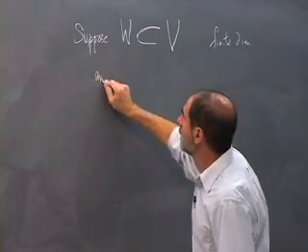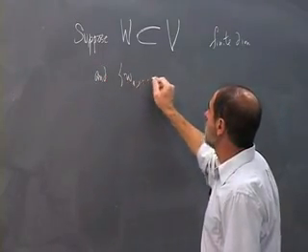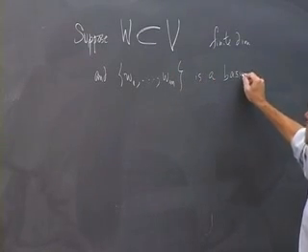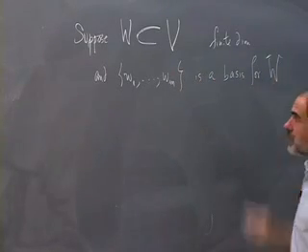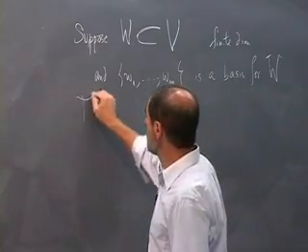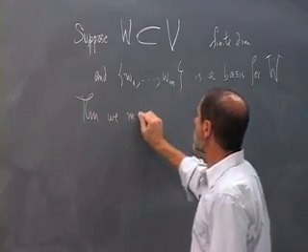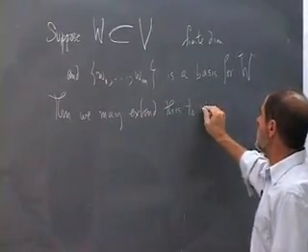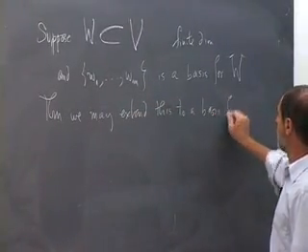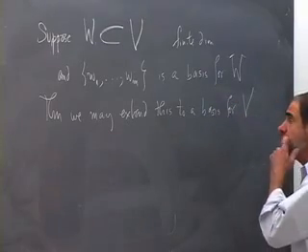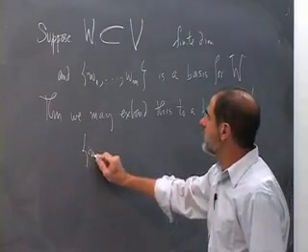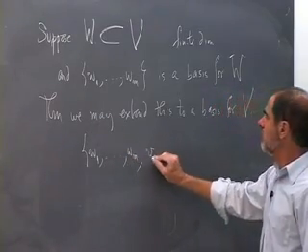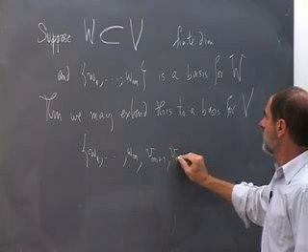And W1 through Wm is a basis for W. Then we may extend it to a basis for V. Namely, what I mean by that is you take the first elements of your basis to be W1 through Wm, and then you add some new things, Vm plus 1, Vm plus 2.